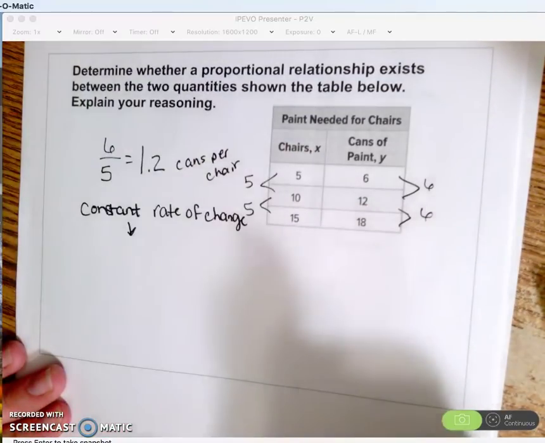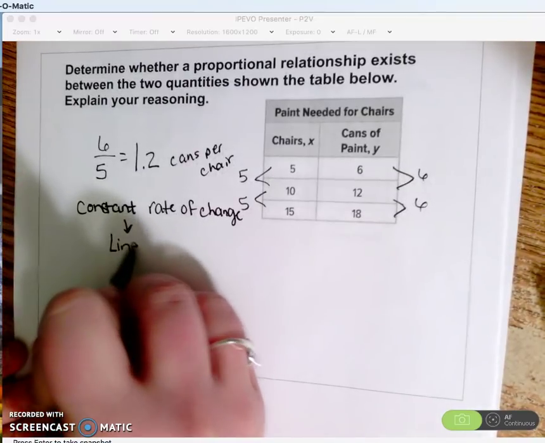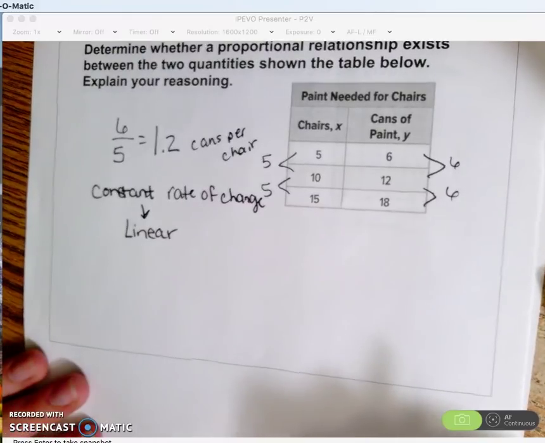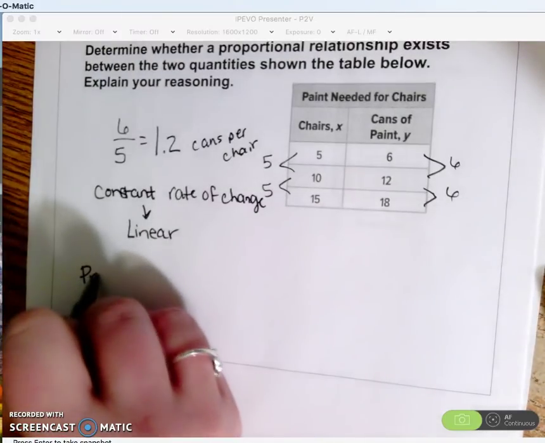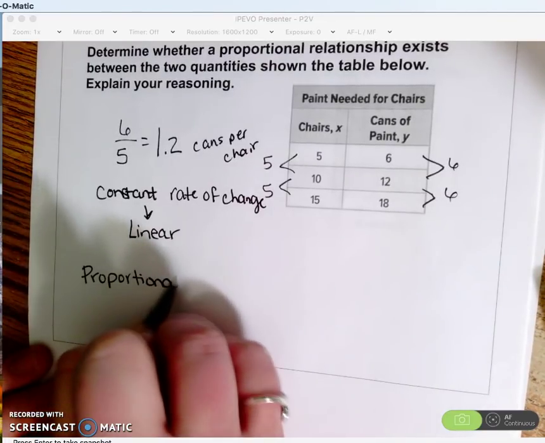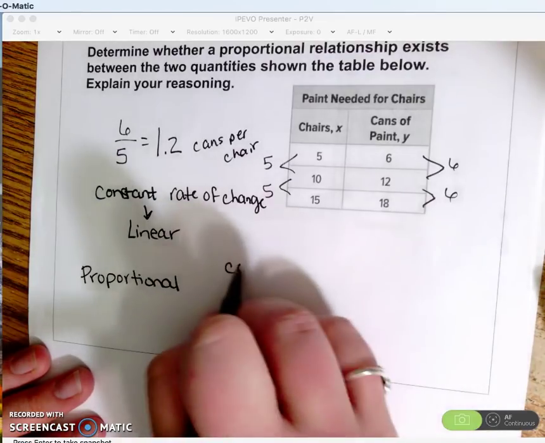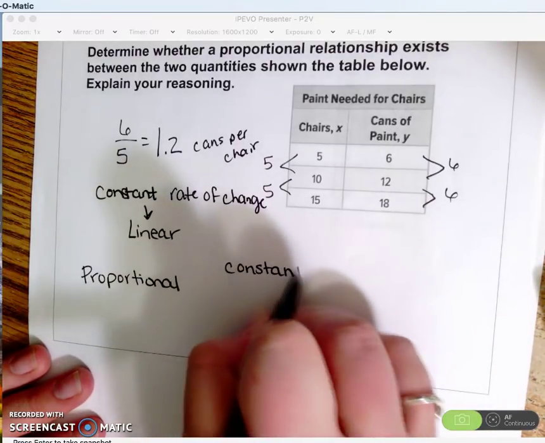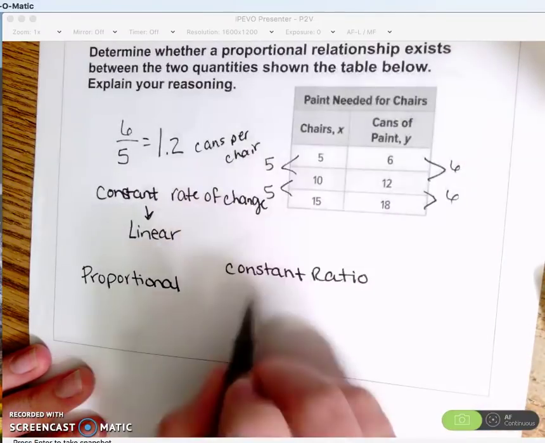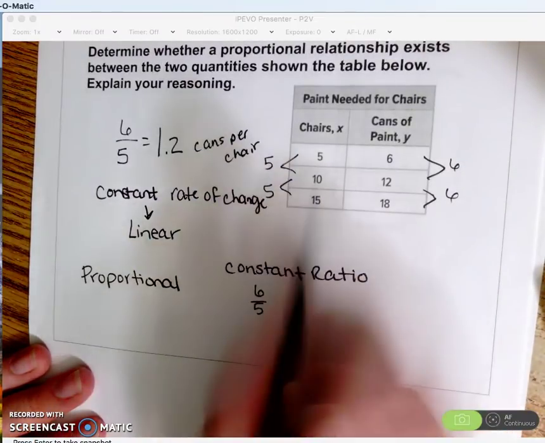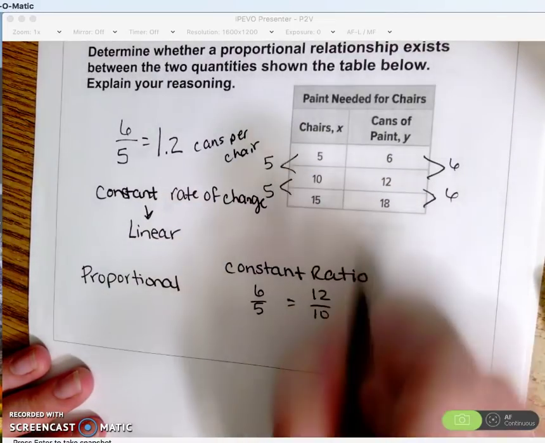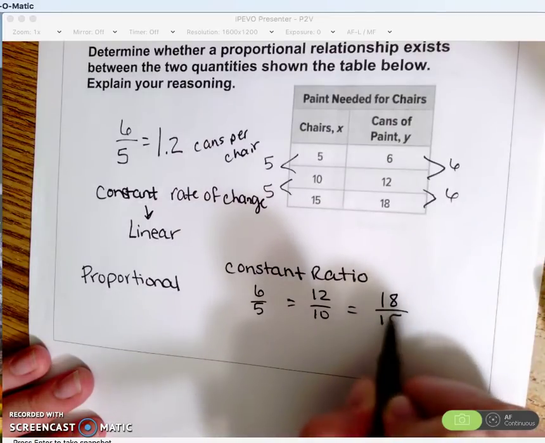Therefore it is linear. Now we need to decide if it is proportional or not, by finding the constant ratio. We're going to do 6 divided by 5. Does that equal 12 divided by 10 and 18 divided by 15?